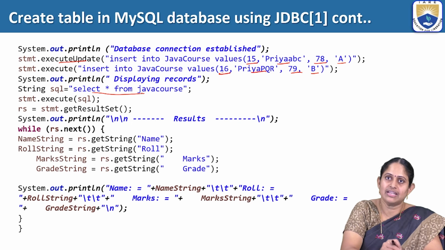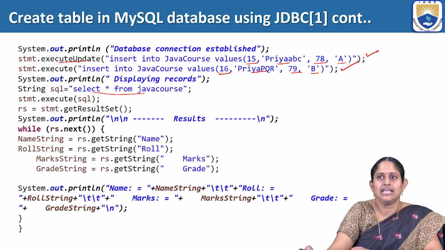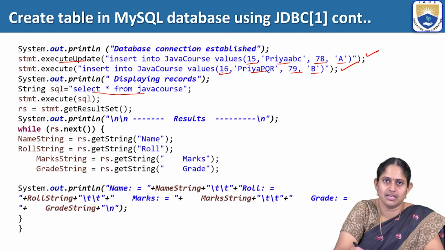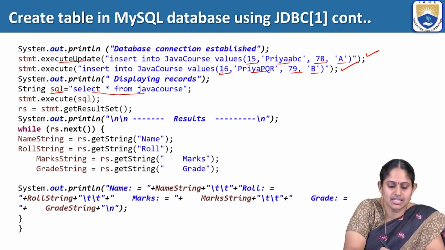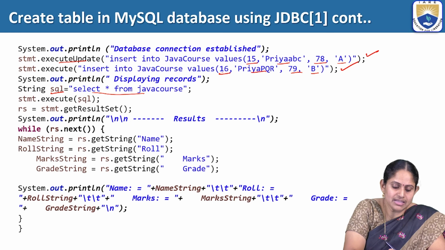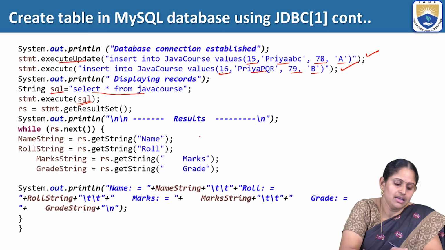When these 2 statements are executed, data is inserted into the table. Now to retrieve that data, we are making use of the select statement. This is another way of executing the SQL query. Into a string, I am passing this select statement, and I'm passing that string object as a parameter to the executeQuery method of the Statement class.